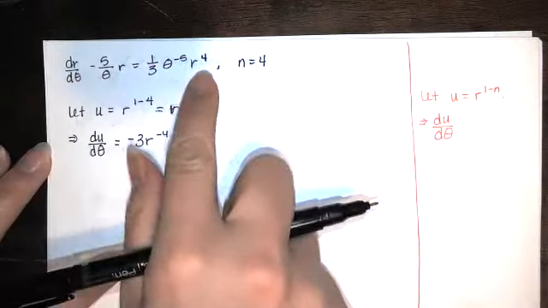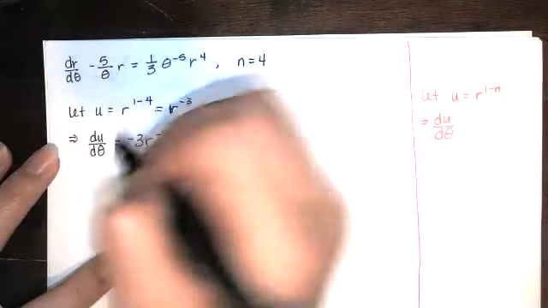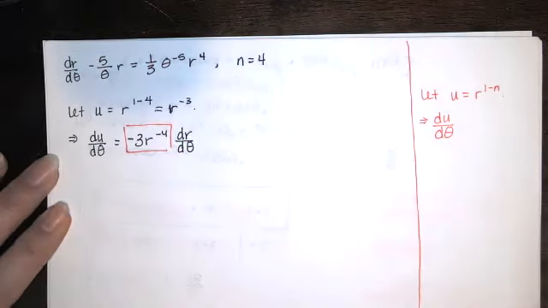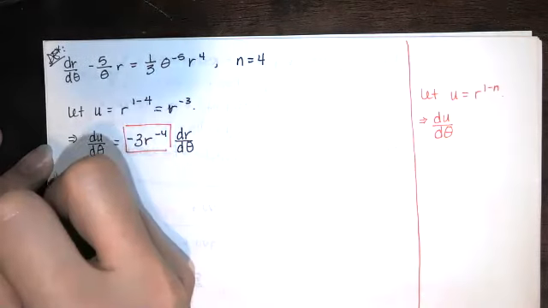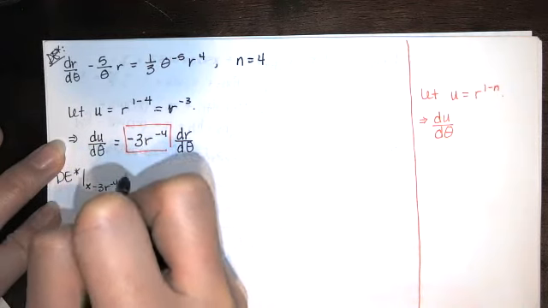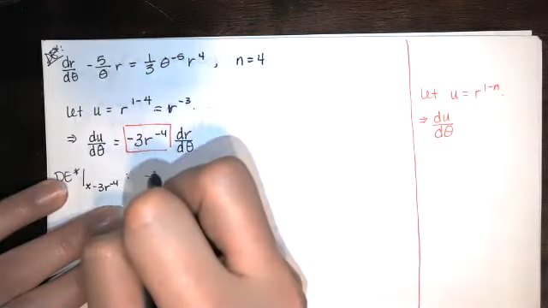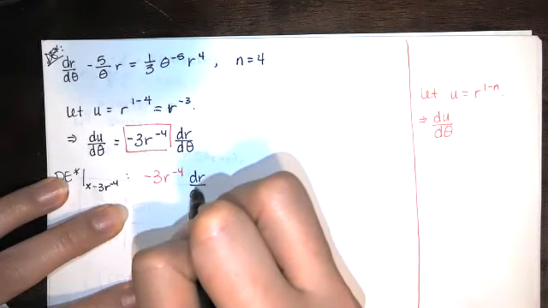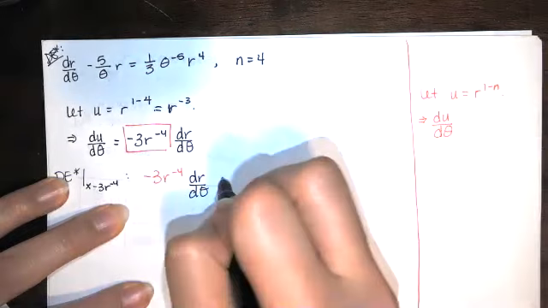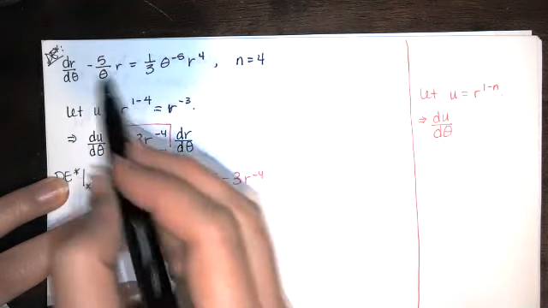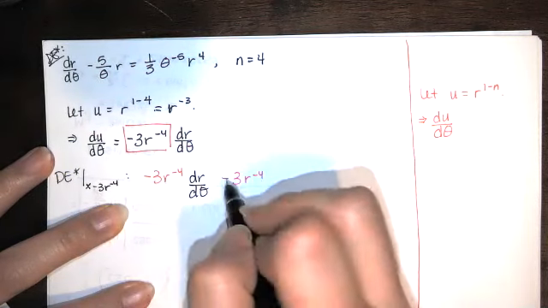Then we're going to take this differential equation in standard form, and multiply it by this coefficient here. I'll call this differential equation DE star. So you have DE star times negative 3r to the negative 4. So you have negative 3r to the negative 4 times negative 5 over theta.